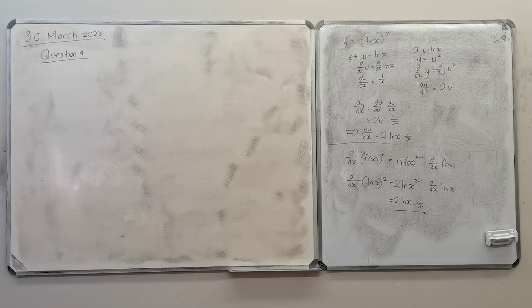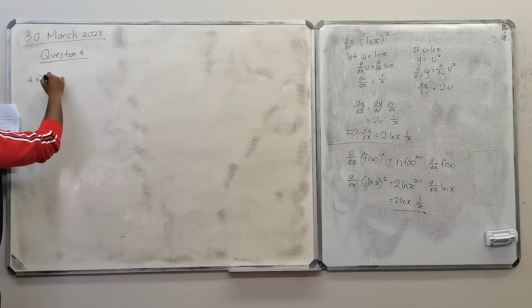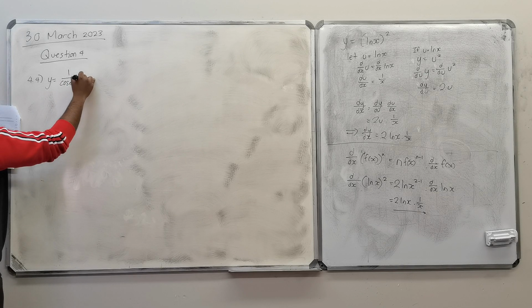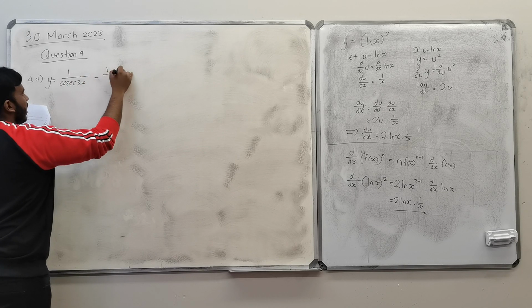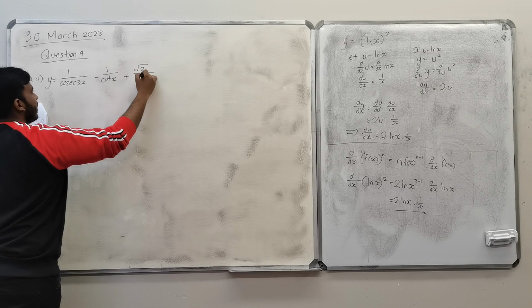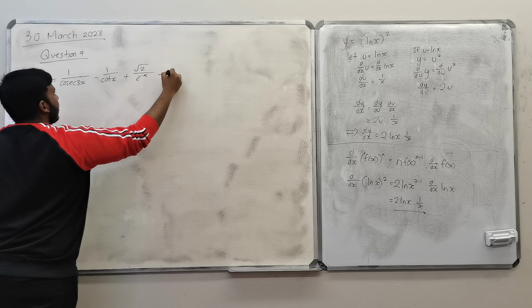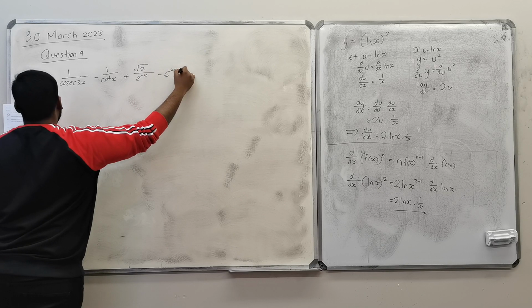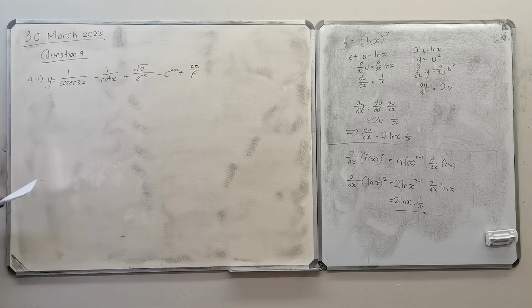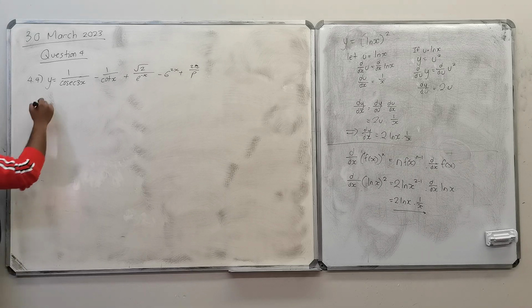Okay. Now they want you to differentiate with respect to x. y is equal to 1 over cosec 3x minus 1 over cot x plus root 2 over e to the minus x minus 6 to the power 2x plus 2 pi over p. They want dy with respect to x.